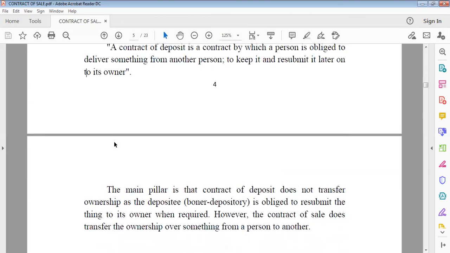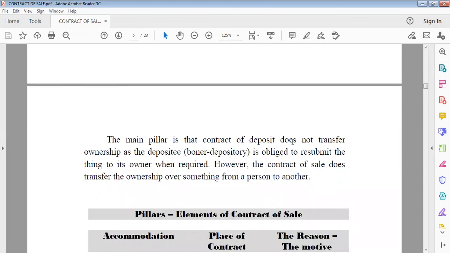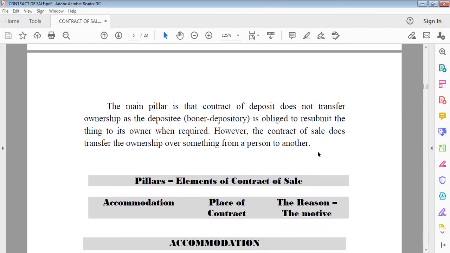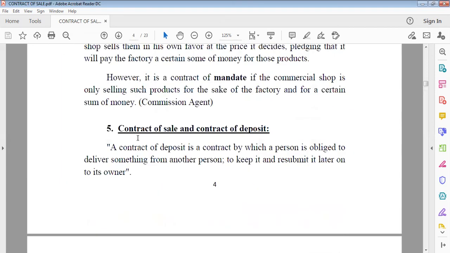So the main pillar is that the contract of deposit does not transfer the ownership, as the depositee or depository here is obliged to resubmit the thing to its owner when required. However, the contract of sale transfers the ownership over something from a person to another. So the difference is that the contract of sale transfers the ownership from a person to another person.